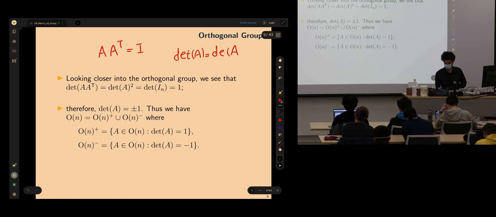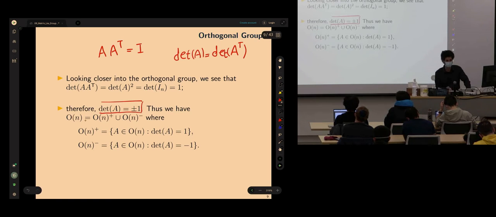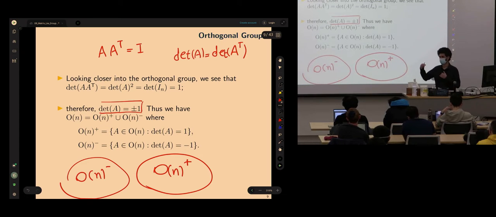Transposing a matrix does not change its determinant. So we have two options. Take the square root. You can have either +1 or -1. So we end up with two sets of orthogonal matrices.